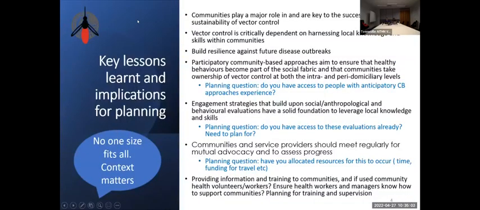This will be a good checklist for us when you're starting to look at your strategic plans, some lessons learned about implementation and planning, but of course, your context is going to be important. A planning question you might have is, do you have people, and that's where the typo is, do you have people who can help you support participatory community-based approaches?